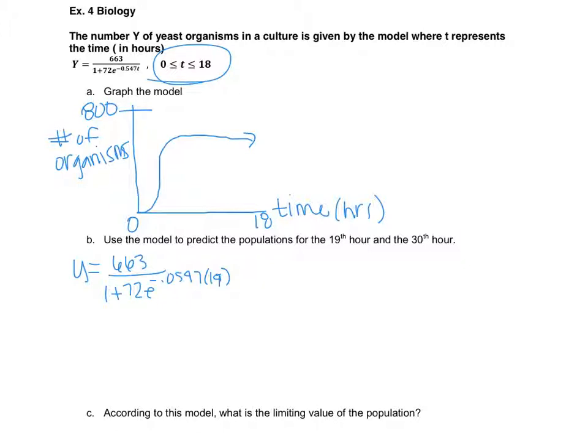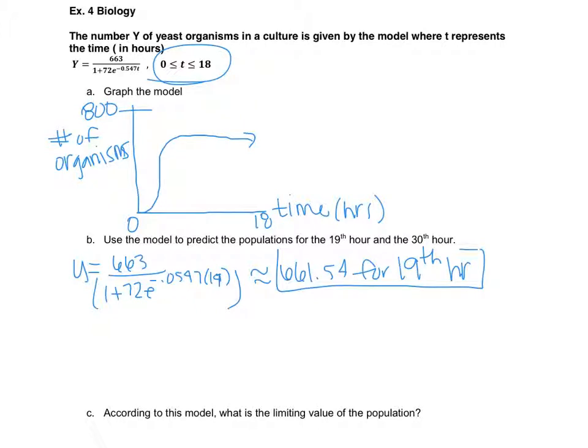So get your calculators out. Now be sure to put the whole bottom in parentheses in your calculator or it will not give you an accurate answer. And when you do that, you get about 661.54 for the 19th hour.